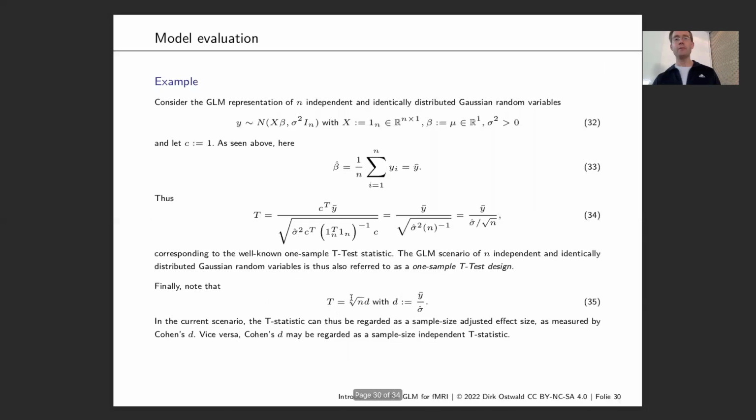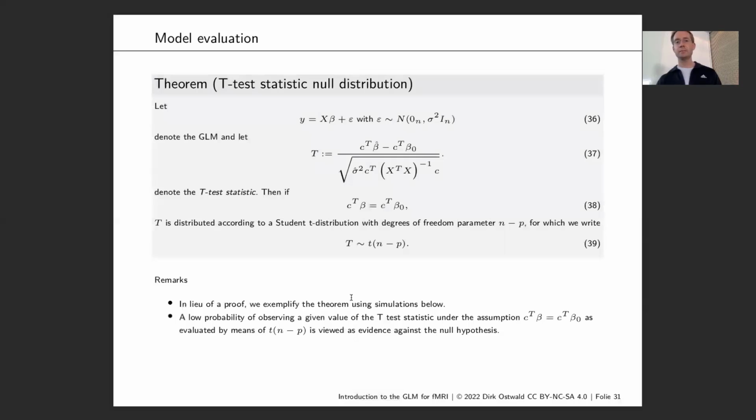What sometimes people have a problem with is null hypothesis testing, although maybe there is a problem with null hypothesis testing in the sense that it's simplifying things a little bit too much. The problem with null hypothesis testing is, of course, that you get a binary answer.